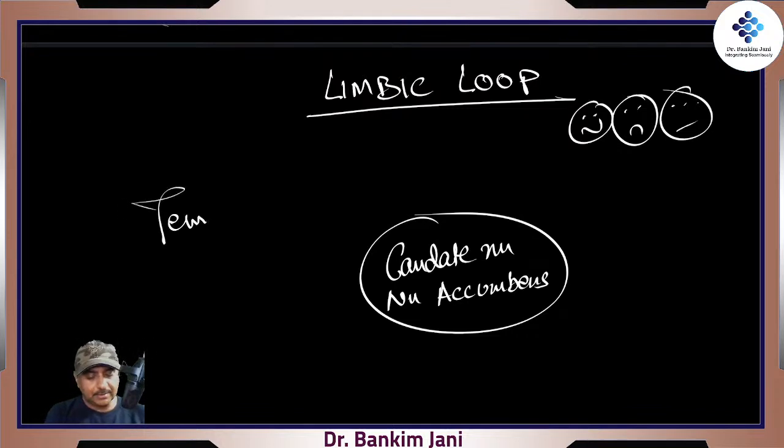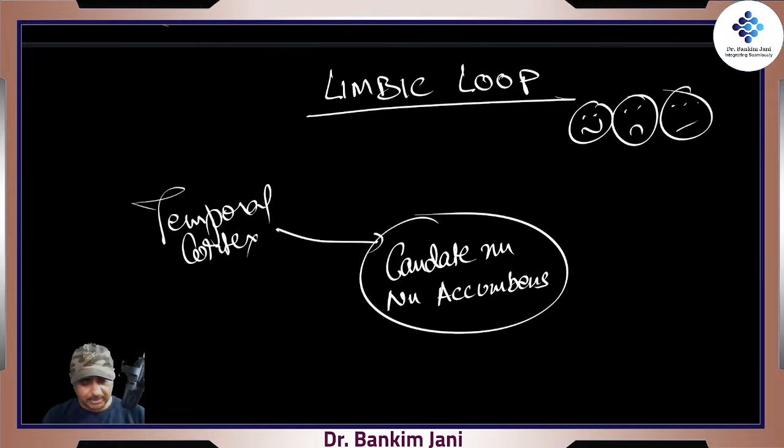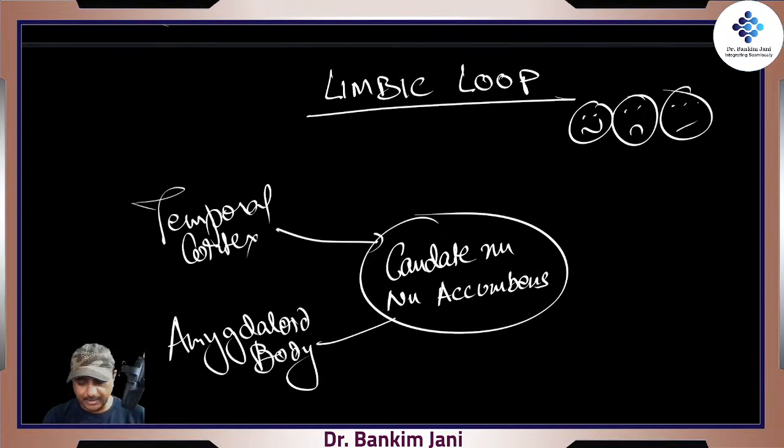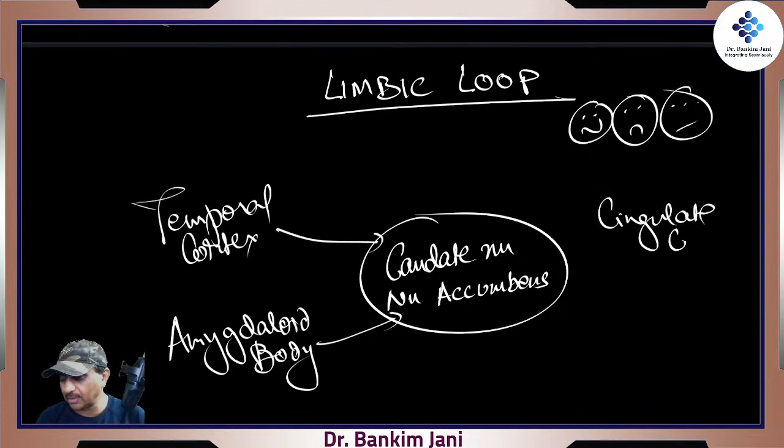And that's the temporal cortex, right? The temporal cortex will feed into it. Then we have the amygdaloid body, again emotions, right? The amygdaloid body will feed to them. Then the cingulate gyrus, the cingulate cortex, we just say cortex, everything included.